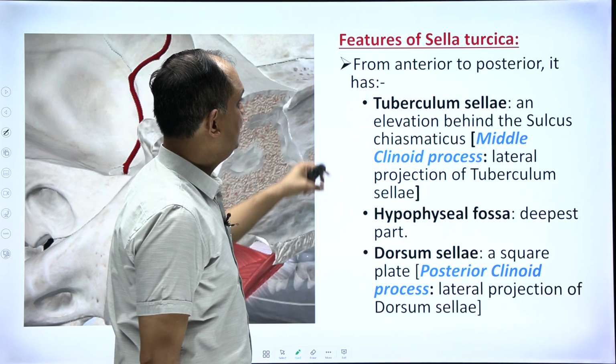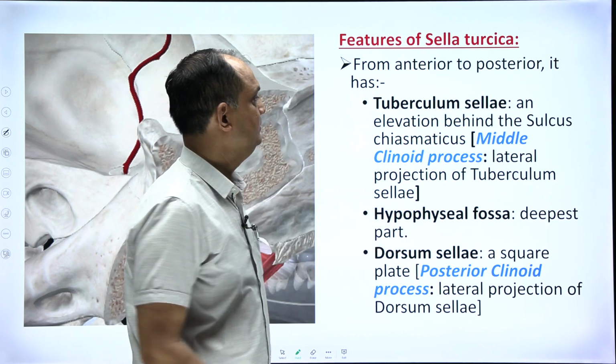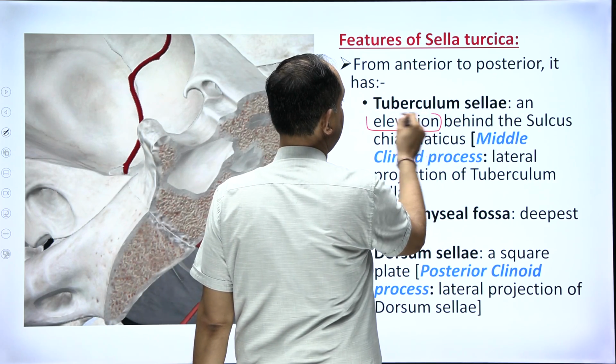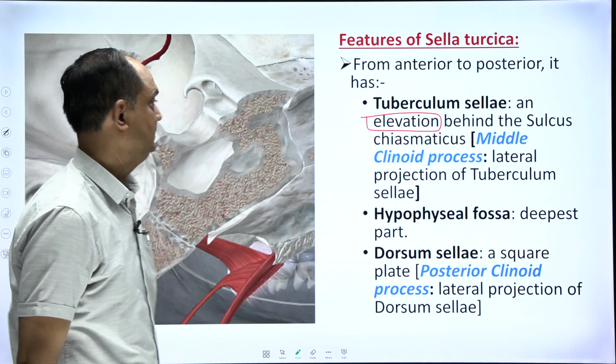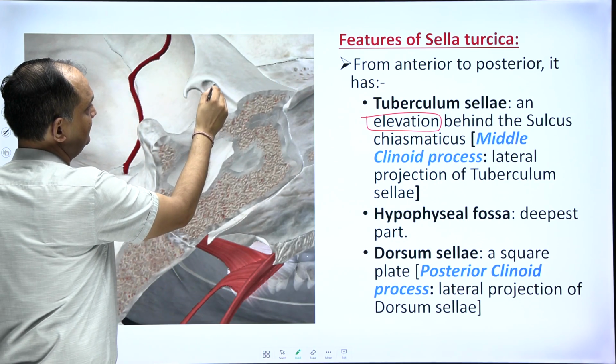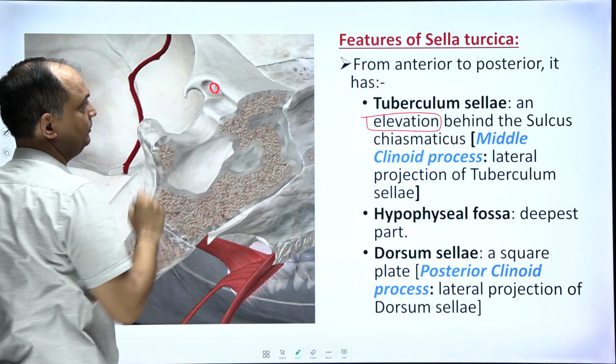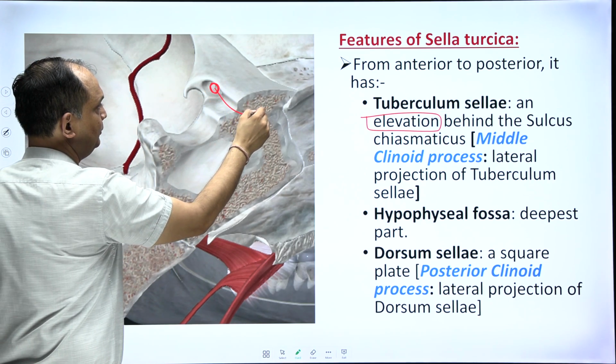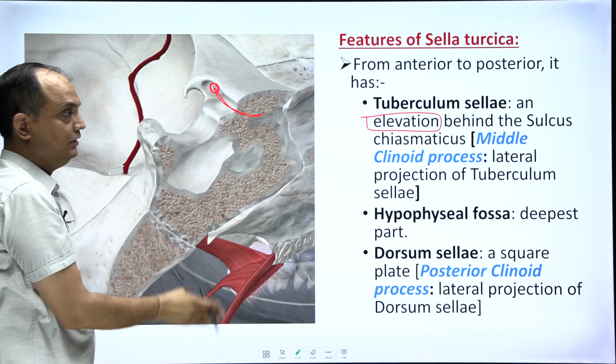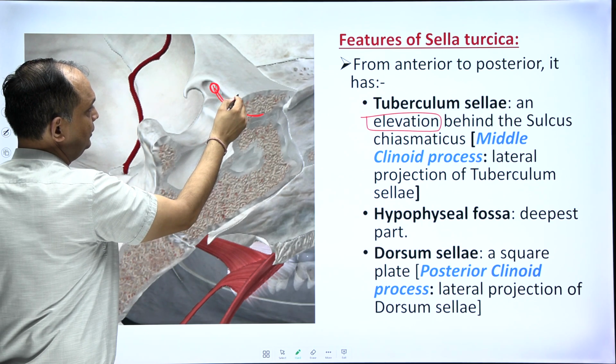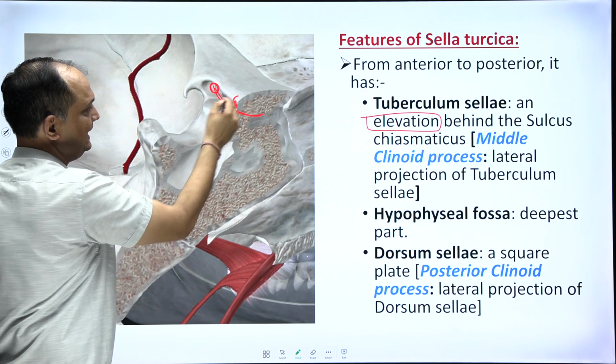Clear? So now what is tuberculum sellae? Tuberculum sellae is just an elevation behind the sulcus chiasmaticus. I told you that this is your optic foramen or optic canal, and we have it on both sides. This is a section. This small portion you can see is the sulcus chiasmaticus.